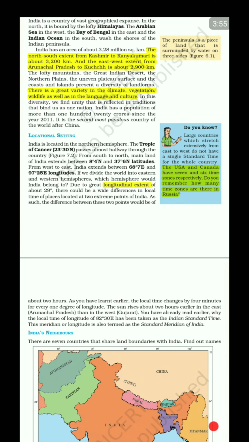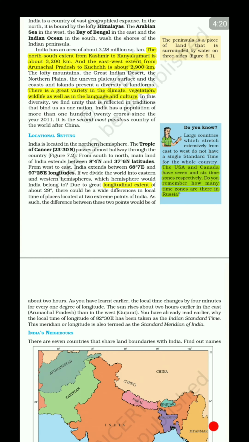for the whole of the country, because there would be problems for the railways, office hours, and other functions of the country. So we have chosen one standard meridian for the country, that is 82 degree 30 minute east, which passes through Prayagraj.